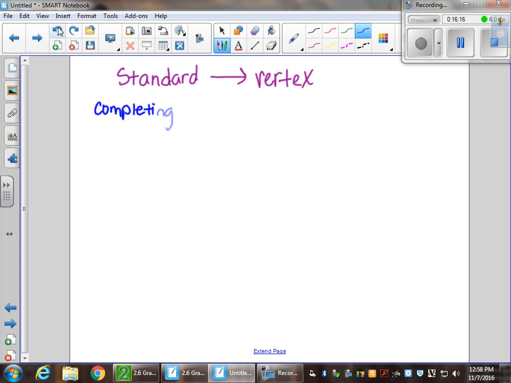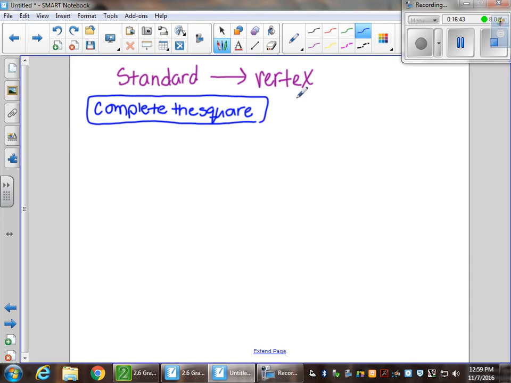I'll say complete the square. I'm being picky. I should stop. Complete the square. Completing the square is how we're going to accomplish moving from standard to vertex form.